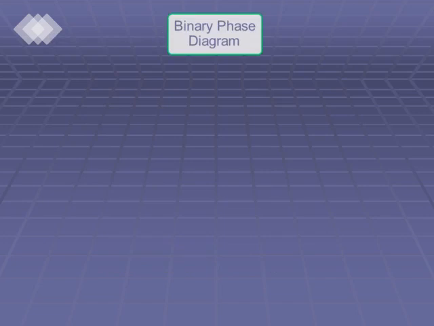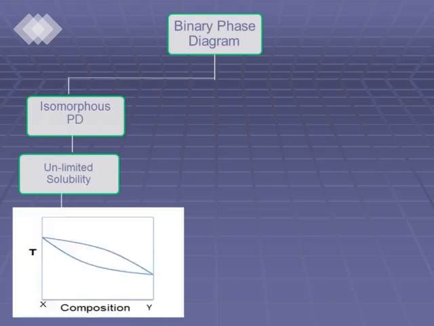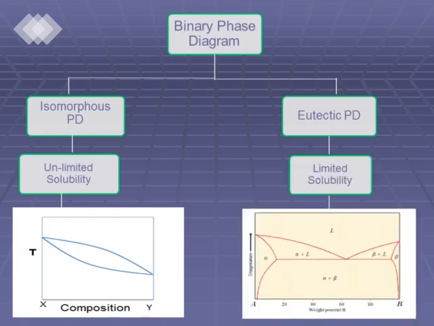There are two types of binary phase diagram, i.e. the isomorphous phase diagram that represents the change in phase in an unlimited solubility at a particular temperature. On the other hand, the eutectic phase diagram represents the changes in phase in a limited solubility system at temperature of interest.